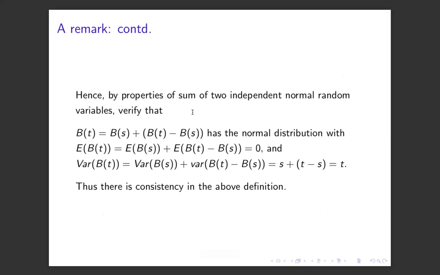Since we know the properties of the sum of two independent normal random variables, you can easily verify that Bt, which is Bs plus this thing, has a normal distribution with expectation of Bt equal to the sum of these two expectations, so that is 0. And similarly, since these are independent, the variance of the sum is the sum of the variances of the individual ones, so you get t. So there is no inconsistency in the definition. So the definition is consistent.